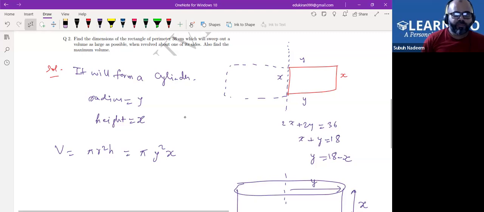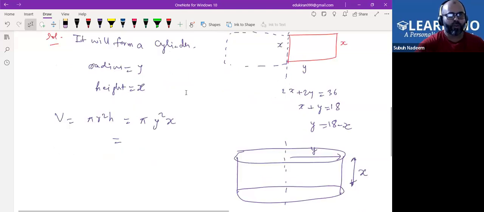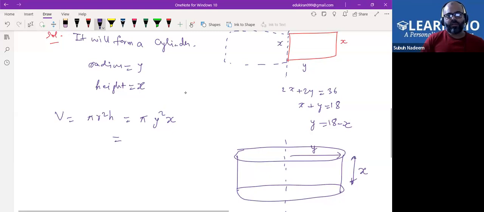Now we need to find y, right? Because we have to find the dimensions of that rectangle. Both we have to find. So let us take x from here. If y is 18 minus x, x is also 18 minus y. So pi y square into x, which is 18 minus y.